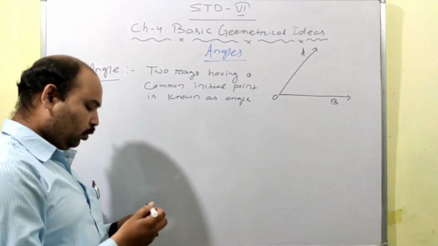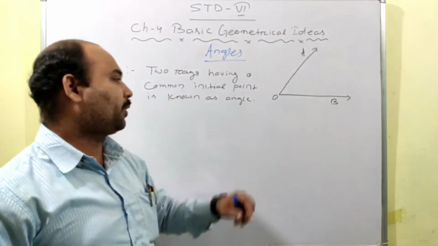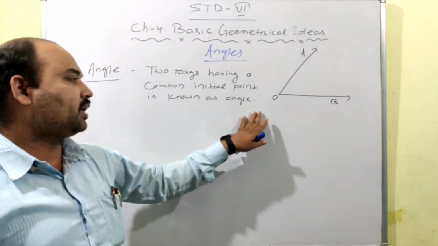Okay, two rays having a common initial point are known as the angle.